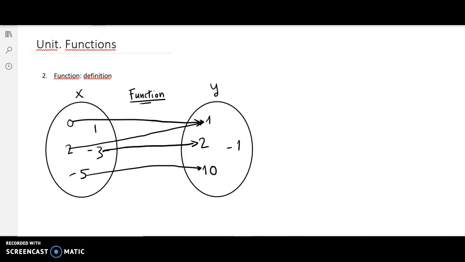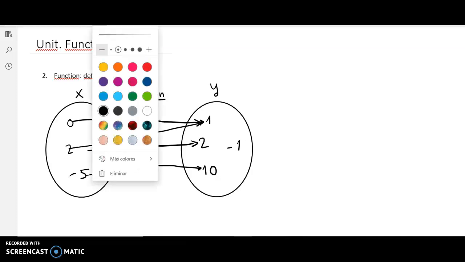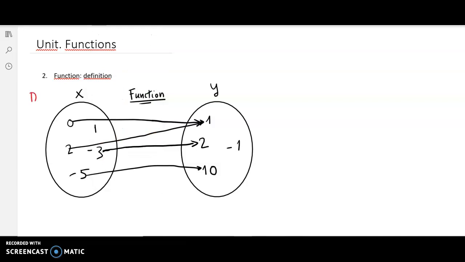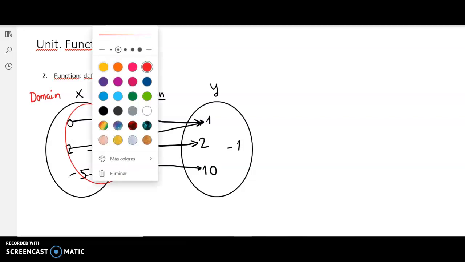Right. All these numbers in the first set is called domain. Okay, all this set of numbers. The second set of numbers, the 1, the 2, the -1, the 10, is called codomain.